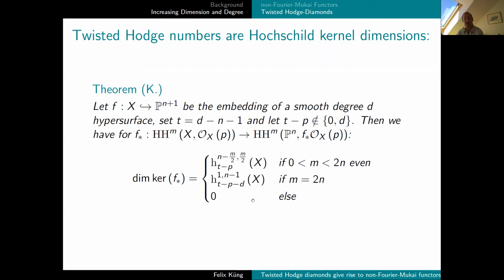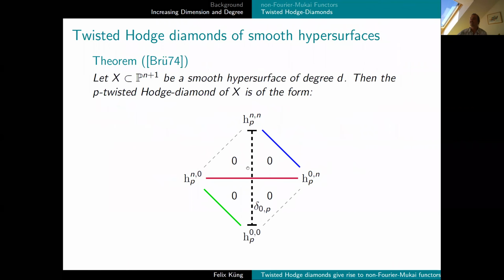So if you have an embedding of a smooth degree d hypersurface, then you can compute that the kernel of the push forward along this embedding is precisely controlled by these middle parts. So every part here, these are the dimensions of the kernel of the push forward in Hochschild cohomology, except for here, because here the green and the red line collide.